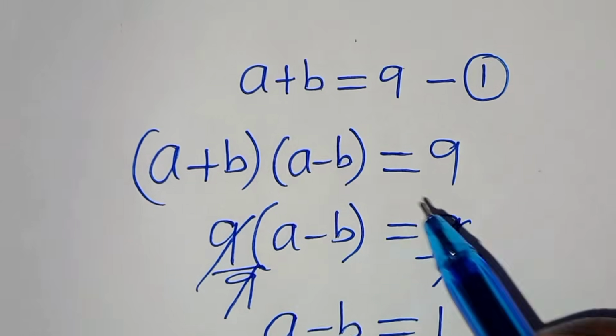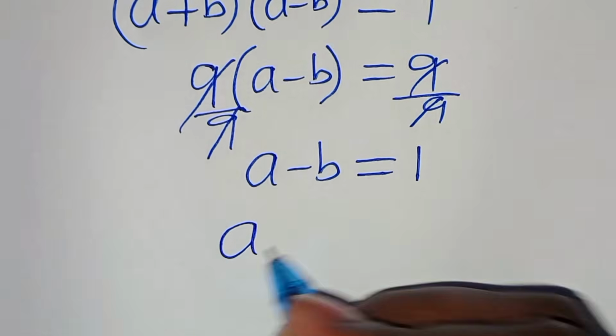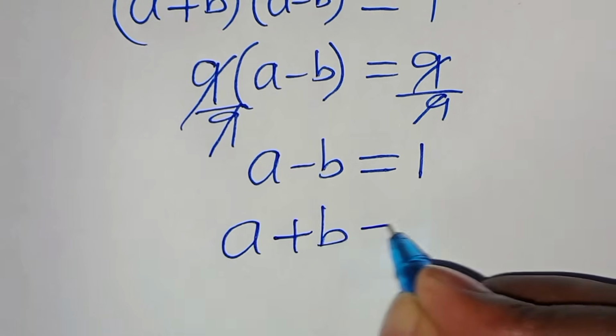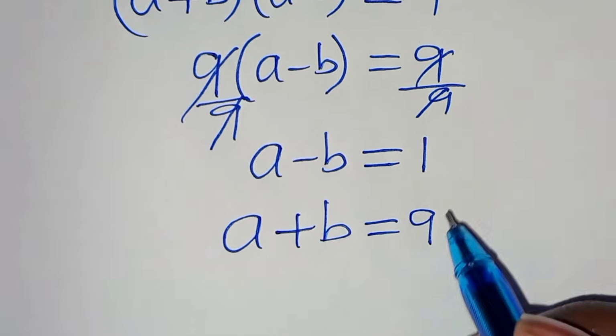Now we have a plus b is equal to 9, and a minus b is equal to 1.